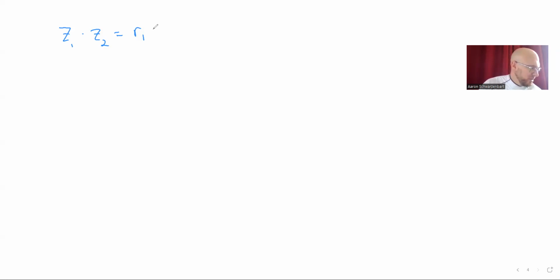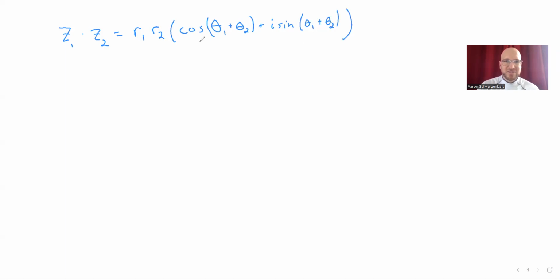So all I have to do here is multiply the moduluses or the radiuses and add the angles. And then the second parentheses closes the one around the cosine of an angle plus i sine of an angle. So that's my multiplication formula.